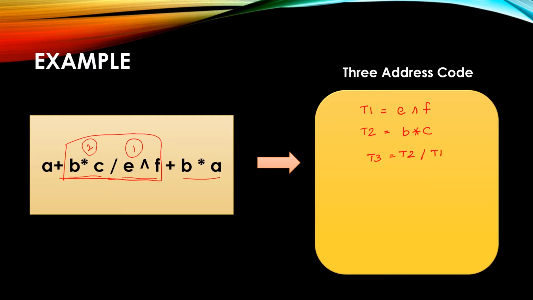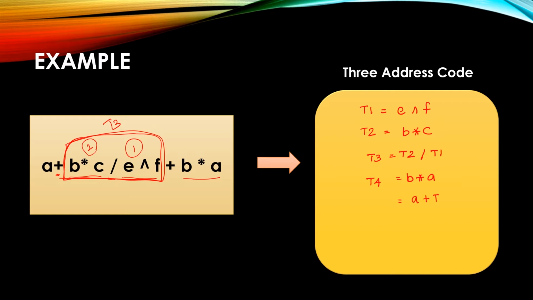Now we have completed this part. When we check the precedence, this multiplication operator holds the next precedence, so let us evaluate this. B star A, the result will be stored in the temporary variable T4. After evaluating this, while scanning from left to right, first this addition operator has to be evaluated. A has to be added with the complete thing, and the result of this complete thing is stored in T3.